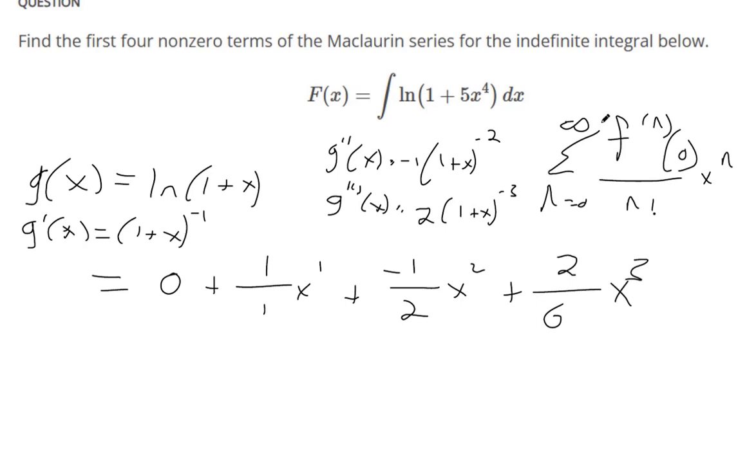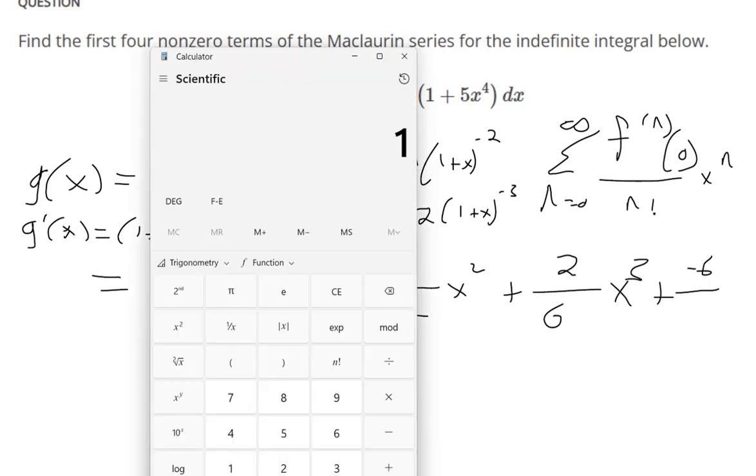And then I need the first 4 non-zero terms, so I need one more derivative. The fourth derivative is negative 6 times 1 plus x to the negative fourth. If I plug in 0, I get negative 6 in the numerator, and the denominator is 4 times 3 times 2 times 1, which is 24.